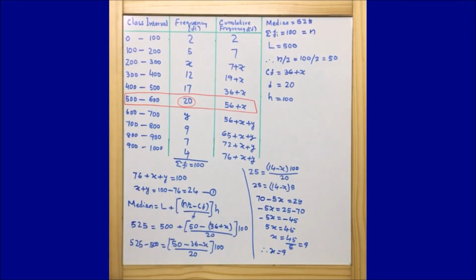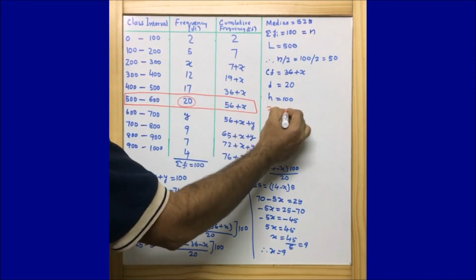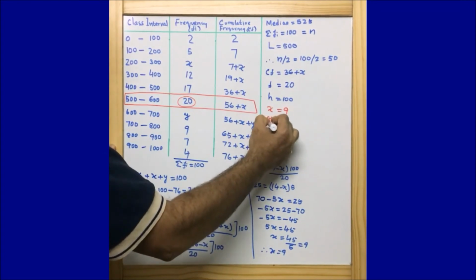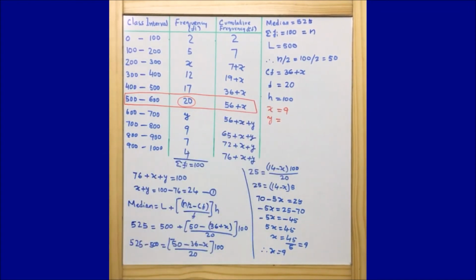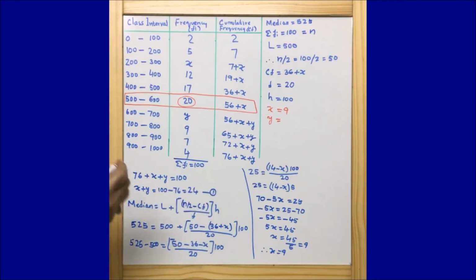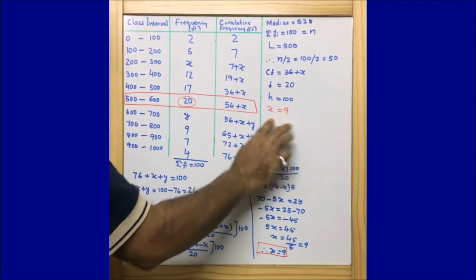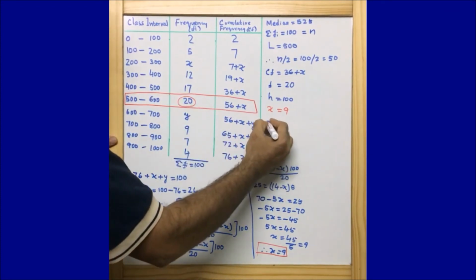Now we got one value, let me write it down here, x is equal to 9. Now we need to find out the value of y. So how to find out the value of y? Let us look back to our equation number 1. Equation number 1 is x plus y is equal to 24.